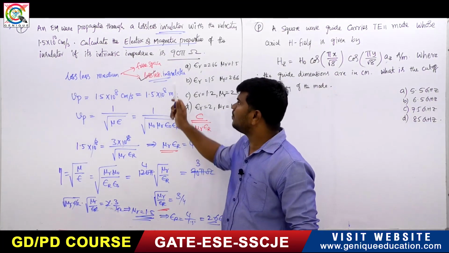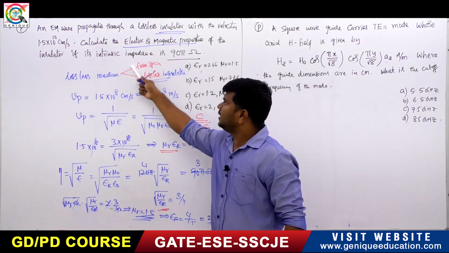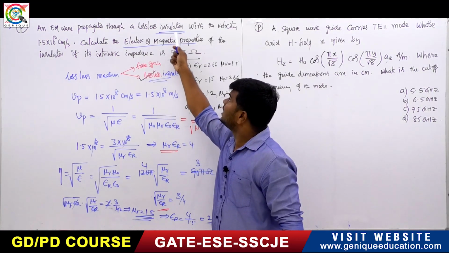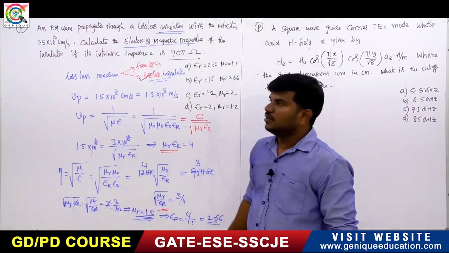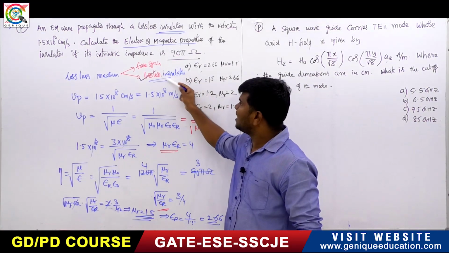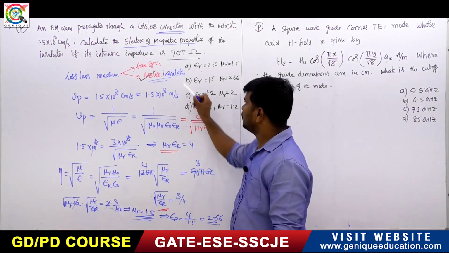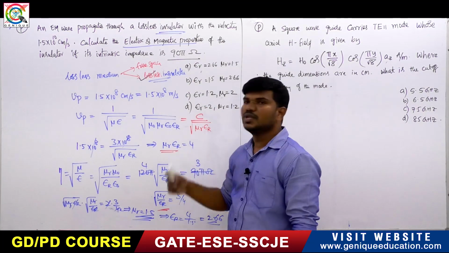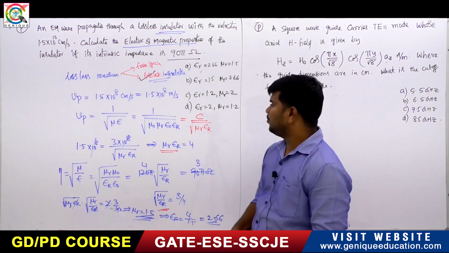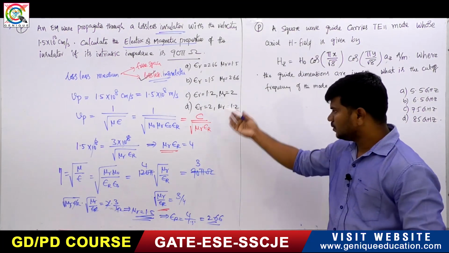Okay, lossless medium. So lossless medium means what? It is free space, and lossless insulator is given. So that's why you cannot consider this one as a lossless dielectric. Okay, so this is an insulator. So this is saying that this insulator is having some mu r value.